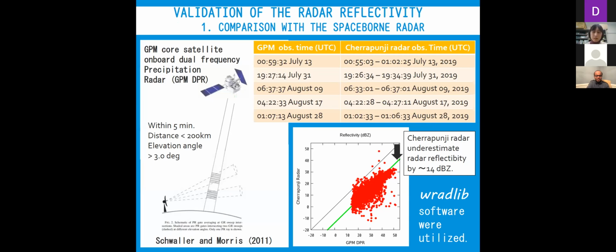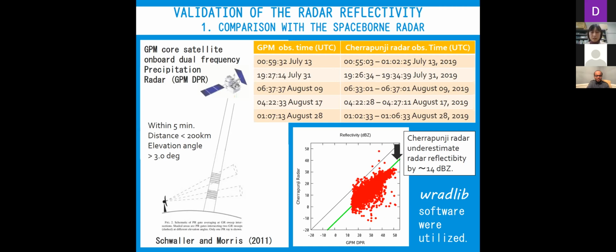Because the GPM DPR is well calibrated, the data can be used to validate ground radars. Here we utilized dual rad-lib software and compared the radar reflectivity of match-up data between the GPM DPR and the Cherrapunji radar.